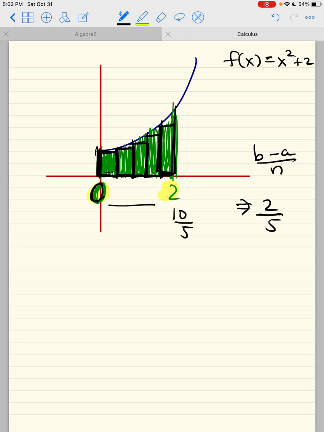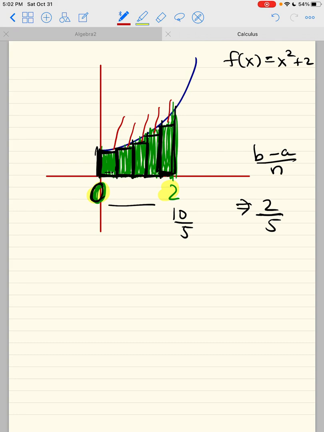So when you do that, you're going to have some area left over. That area is left over, that area, that area, that area. So this is going to actually be an under approximation. But 5 rectangles does a great job at capturing a lot of the area, and it's only an estimation.